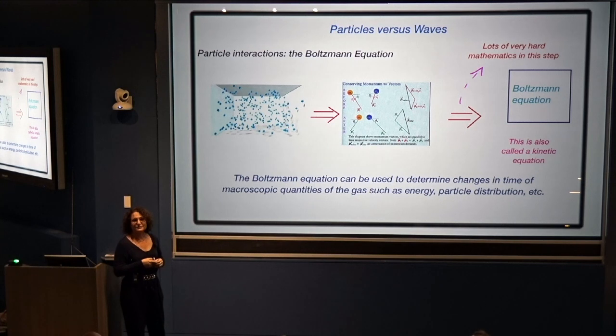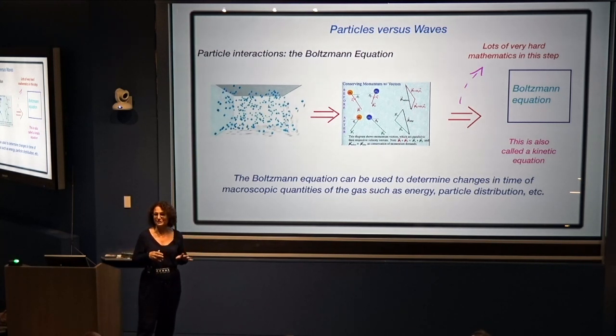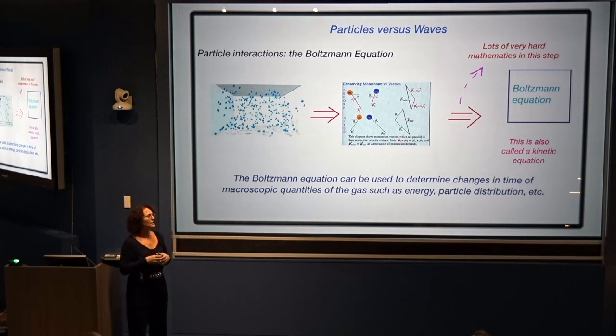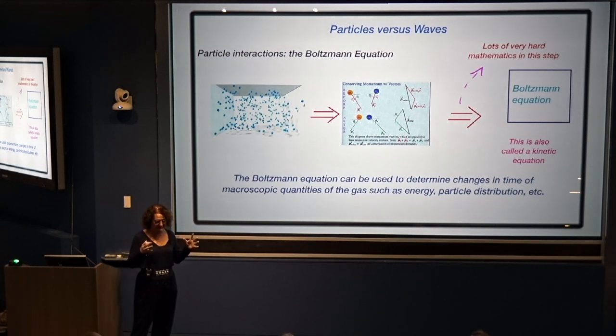So let me start with something that is not wave turbulence, but is a phenomenon that maybe people are more familiar with. What you see in this first picture here is a box with a gas, and the blue dots are supposed to represent particles. It is very important in physics and also mathematics, obviously, to go from the very small scale to the very large one, to see what we observe macroscopically from the interaction of the particles.